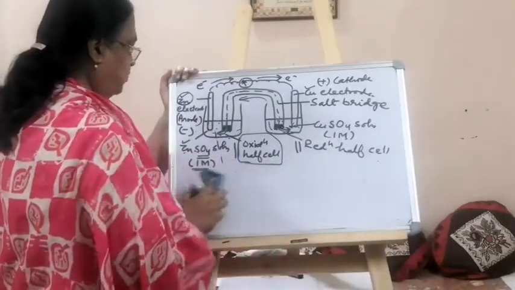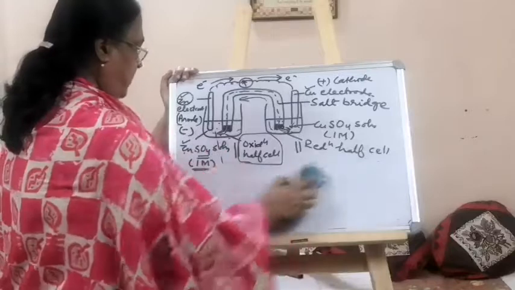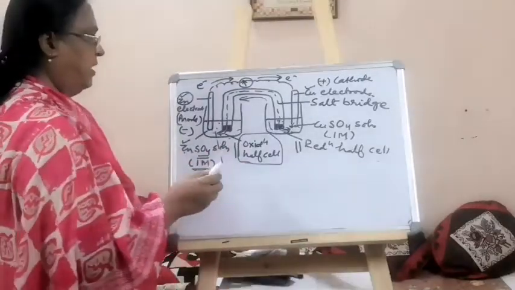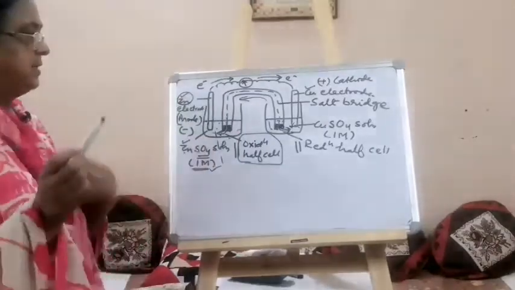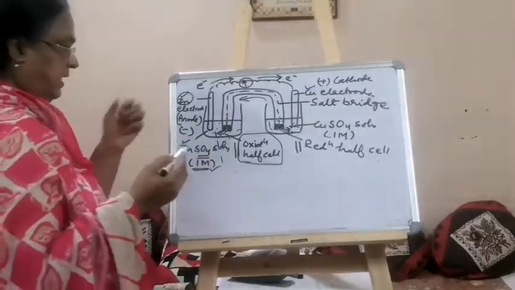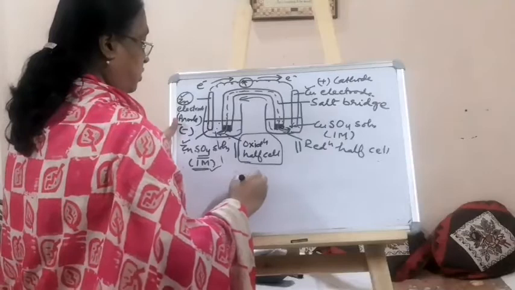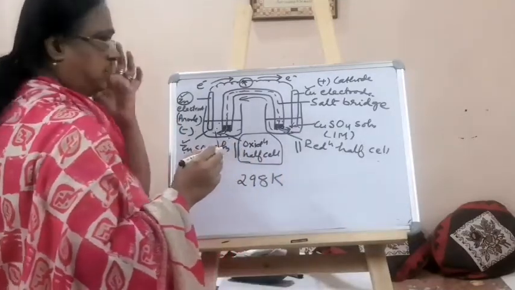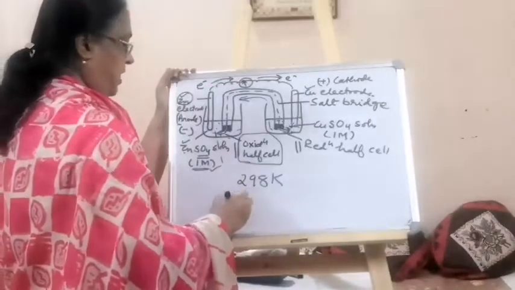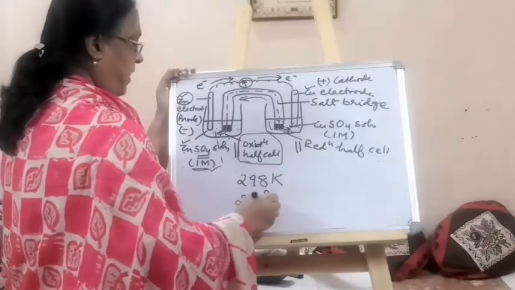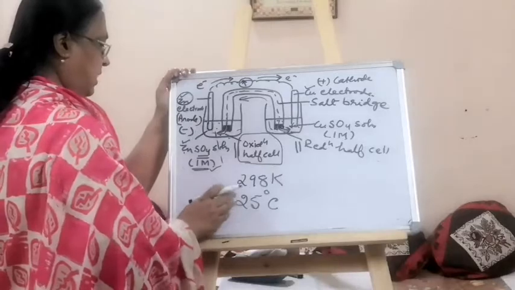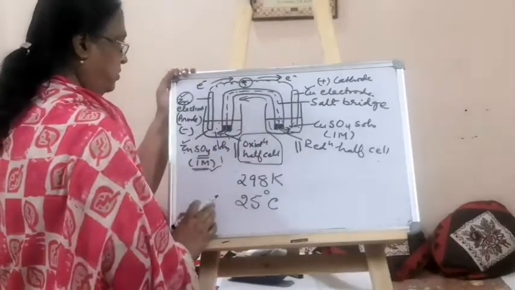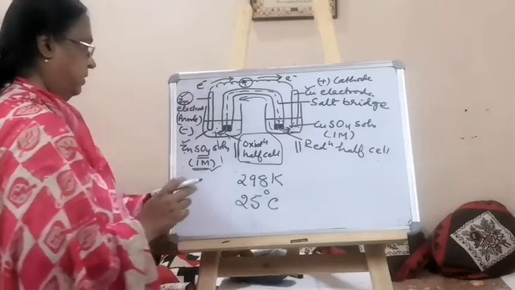So here I have told you some very important things, and then here I have taken concentration 1 molar. 1 molar is a standard concentration, and temperature is kept 298 Kelvin. You have studied earlier, for solution the standard temperature is 298 Kelvin or 25 degrees Celsius. So at this temperature, when this concentration is there of the two electrolytes, the cell is standard.